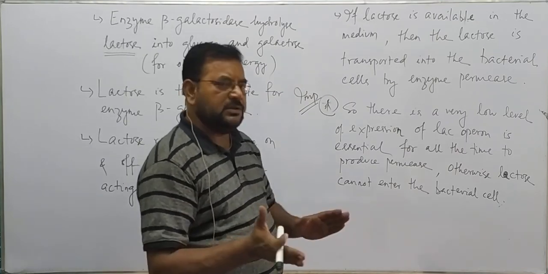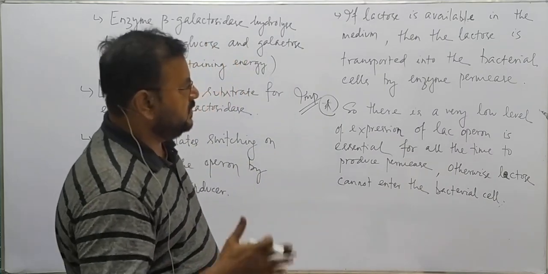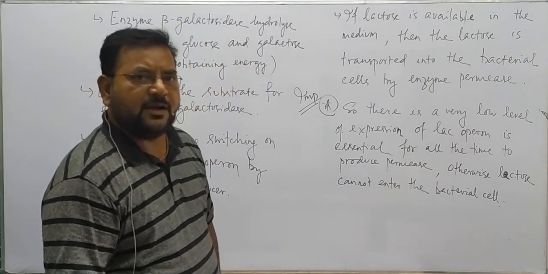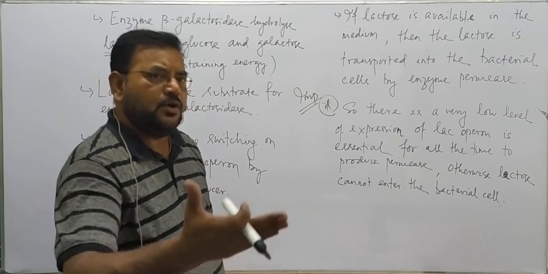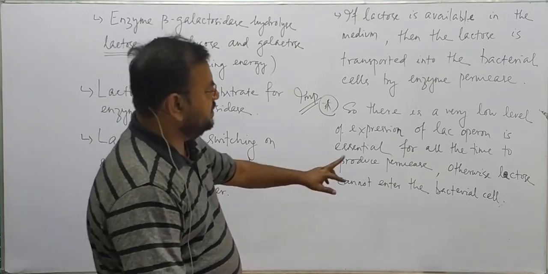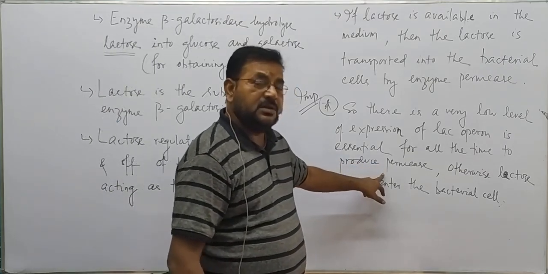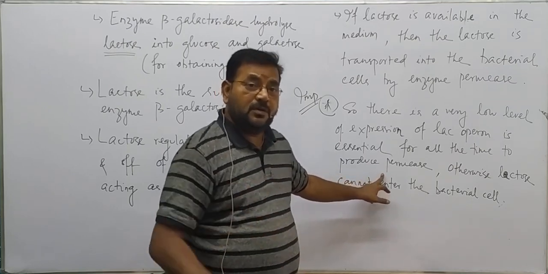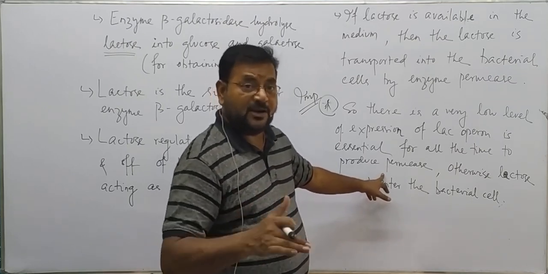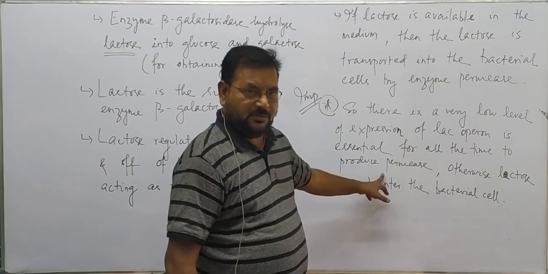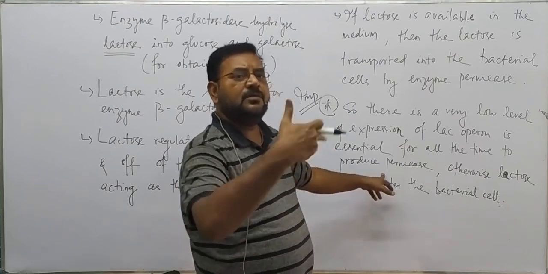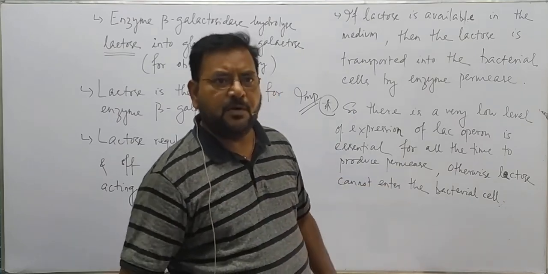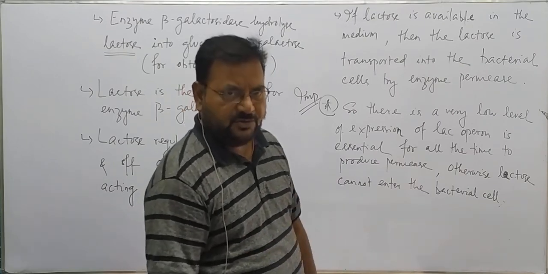Because when lactose enters the bacterial cell, then the lac operon starts. But in order to enter the bacterial cell, permease is required. So permease has to be produced before entry of the lactose. When lactose enters, then the lac operon operates in full-fledged manner.